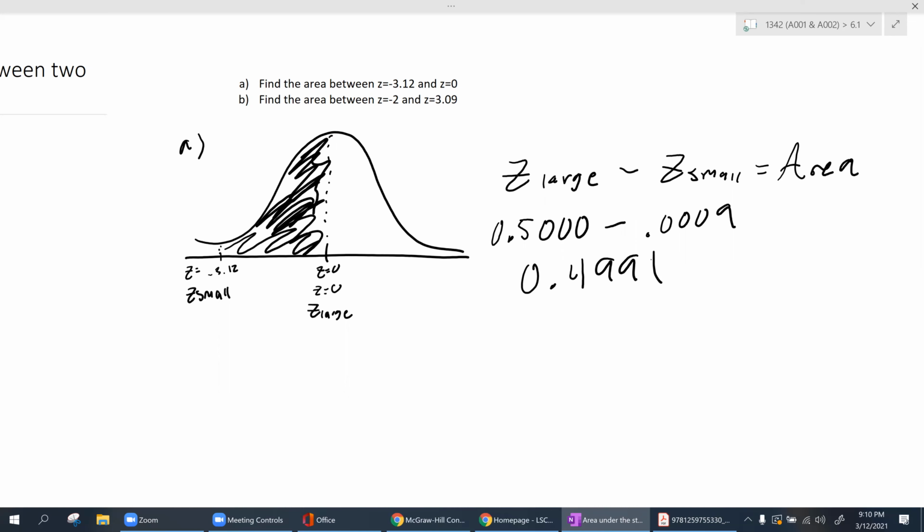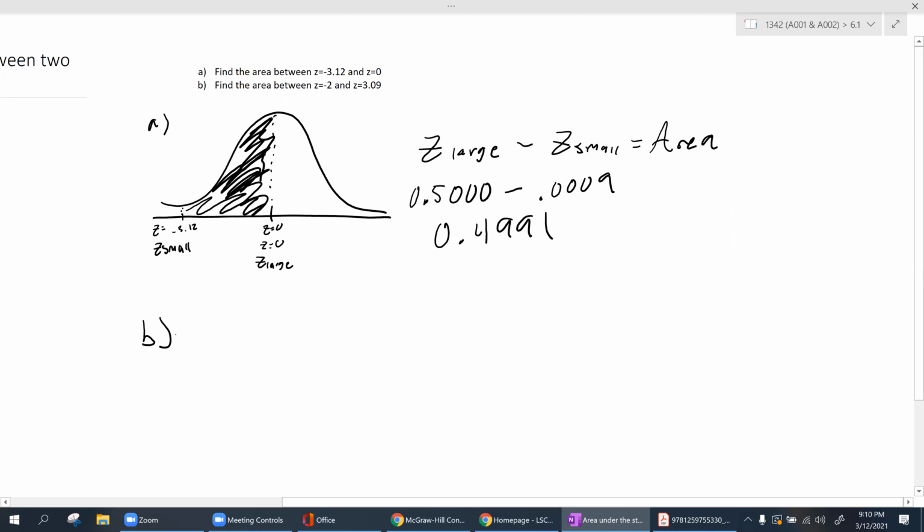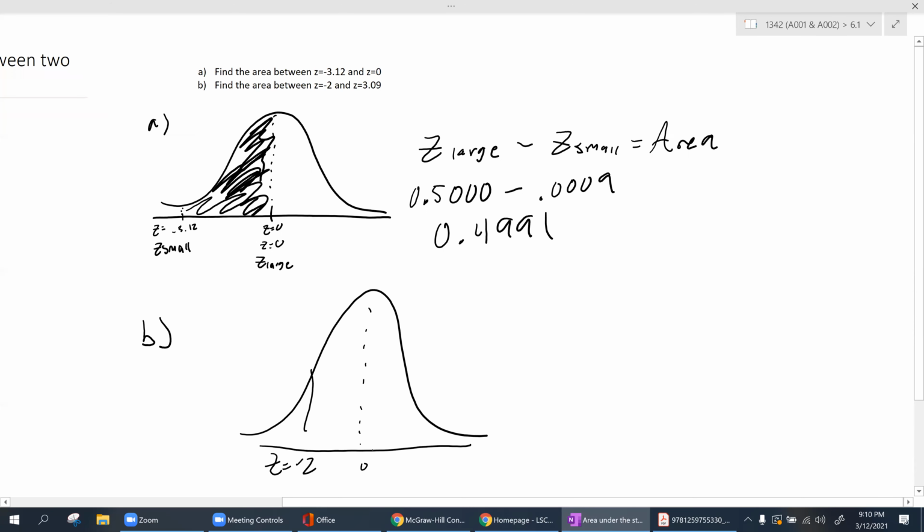Very nice. Now we're going to do another one. Let's do B. B is to find the area between z equals negative 2, somewhere here, and z equals 3.09.